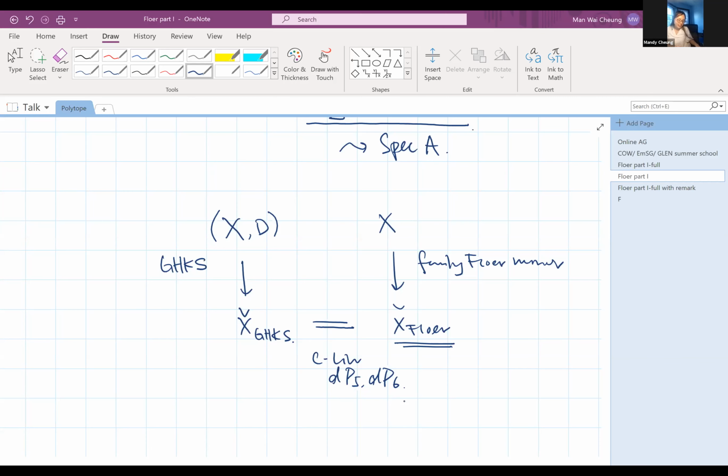At the end, the mirror we construct, the family mirror, we just have the affine piece as well. So it is the affine piece that has a compactification to DP6. And yes, the compactification will depend on the polytope we have. So we are just saying it has a compactification.